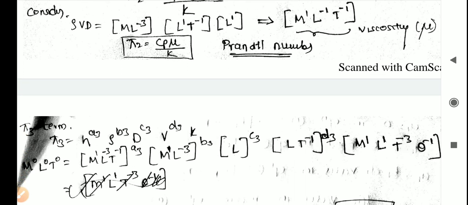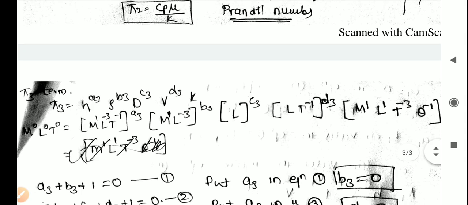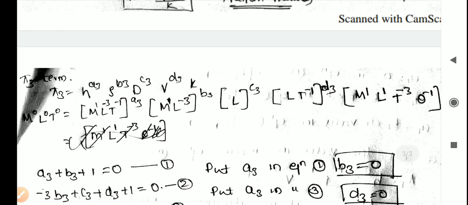And the next part is the pi 3 term, right? Similarly pi 3 is equal to h raised to a3, rho raised to b3, d raised to c3 and v raised to d3 into k. So write down all the dimensions and form the equations, that is a3 plus b3 plus 1 is equal to 0. Put it as equation 1.